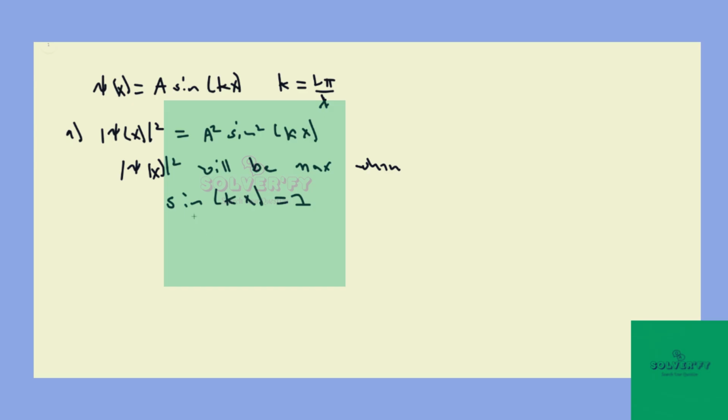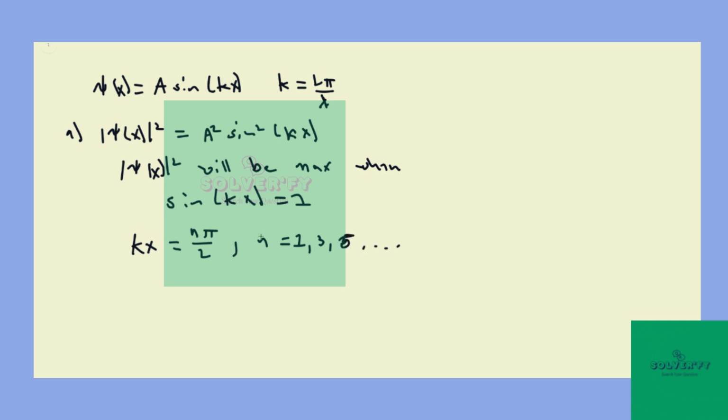Sine of kx will be equal to 1 when kx is equal to n pi over 2, where n is some odd number: 1, 3, 5, and so on.